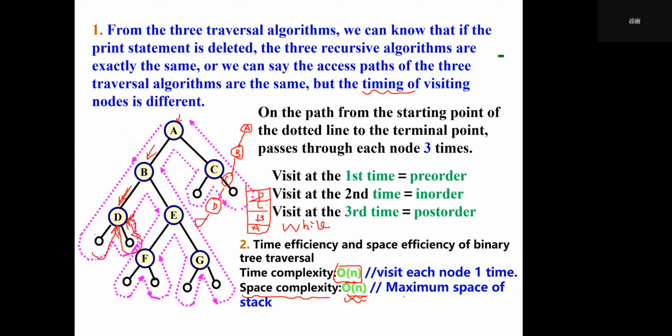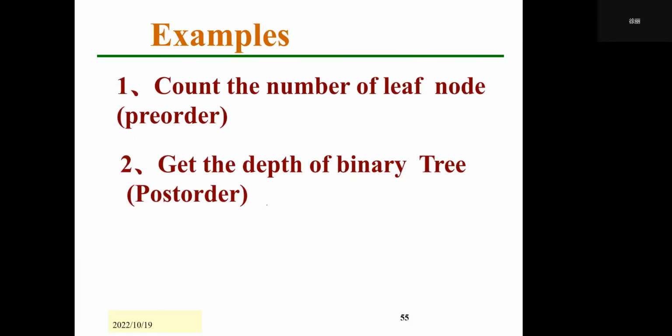And since we have talked about these traversal methods, now let's use them to resolve some problems. There are 2 problems here. The first one is to count the number of leaf nodes, and the second one is to get the depth of a binary tree. I will give you some suggestions. For the first one, you can use pre-order.